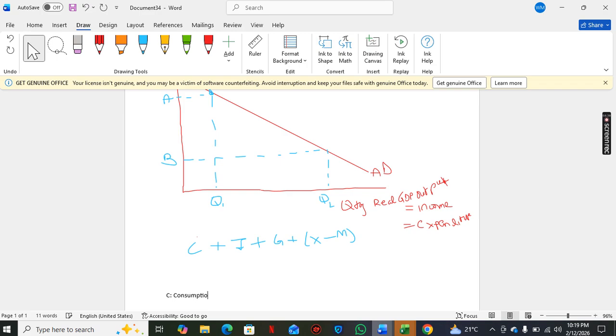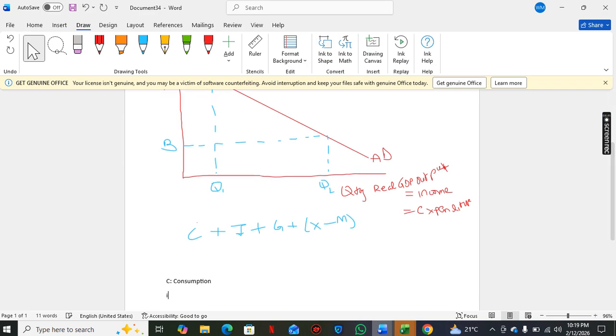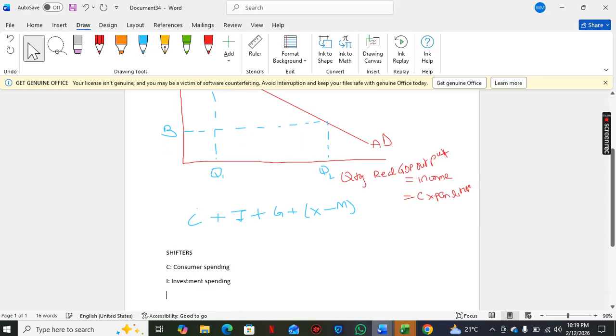Sorry, just come again, madam. You were saying shifters of aggregate demand curve. So these are the ones that you've indicated here. Yes. Sir, can shifters also be referred to as determinants?